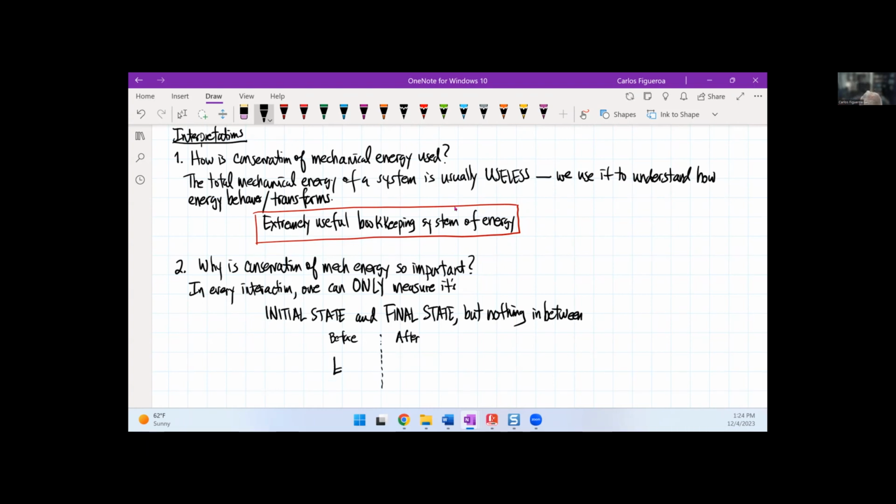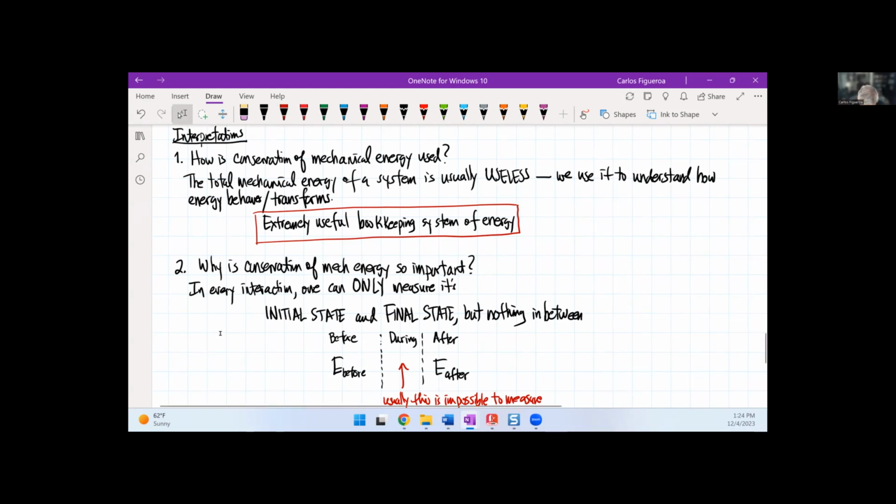So when I look at the energy before, and then if I look at during, and then if I look at the energy after, usually this is impossible to measure. Energy says that's fine. We don't care about that. It's just going to be the same.